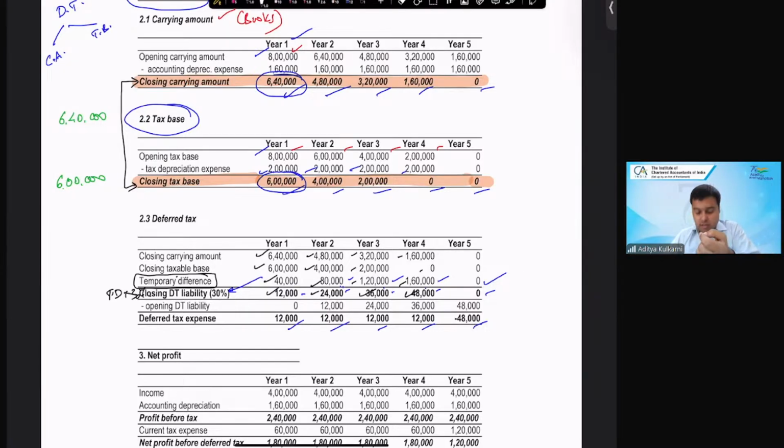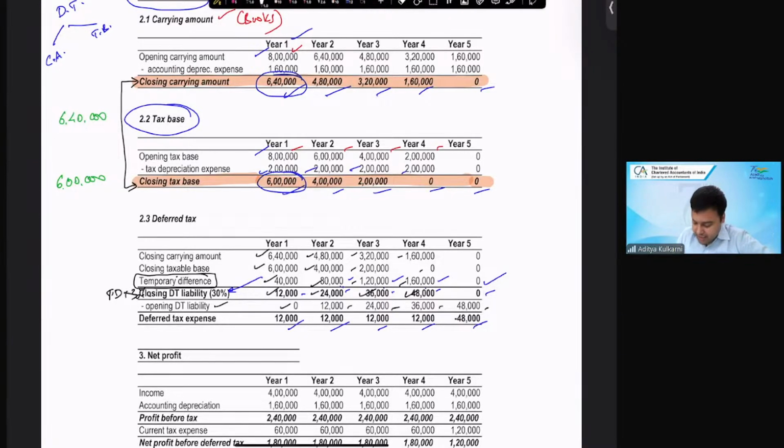Sir, what are these? This is your closing deferred tax. Yes or no? Yes, sir. So when you look at your closing deferred tax and compare it with the opening deferred tax, first year was 0, then 12, 24, 36 and 48.